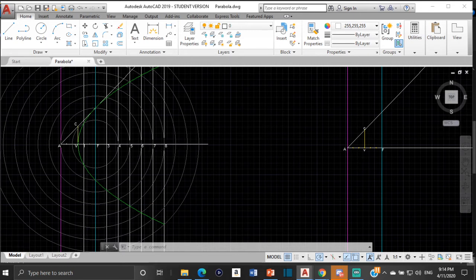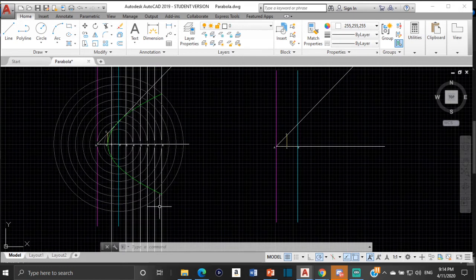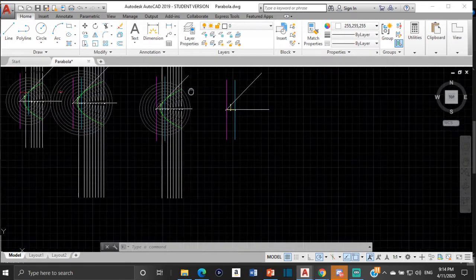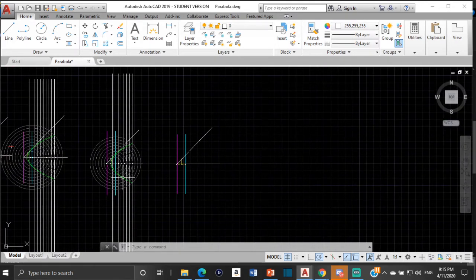The reason for that is this: for a parabola or a hyperbola, all right, these points will be moving away from each other constantly. All right, so a parabola could continue on into infinity. This point here could continue on all the way out, and this point here could continue all the way out in this direction, and these 2 points will never meet because the ratio of eccentricity is unity, so it's always moving away.